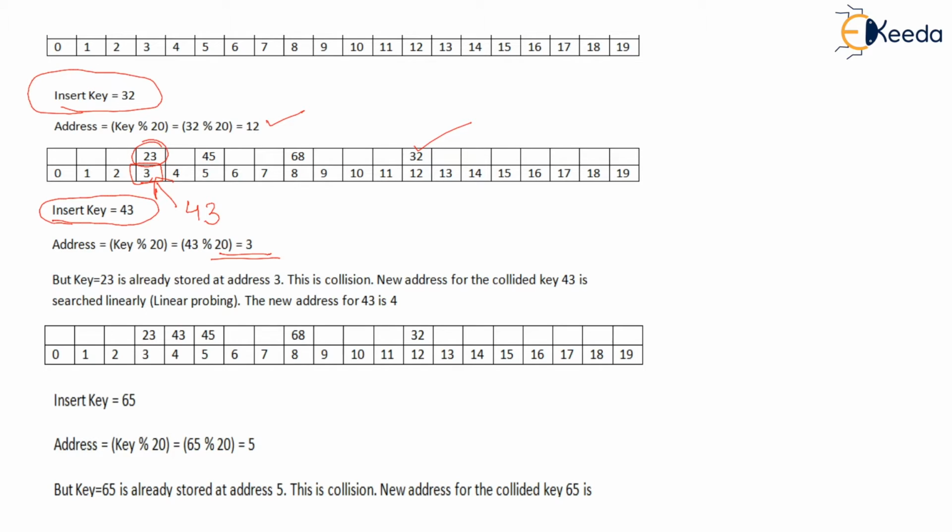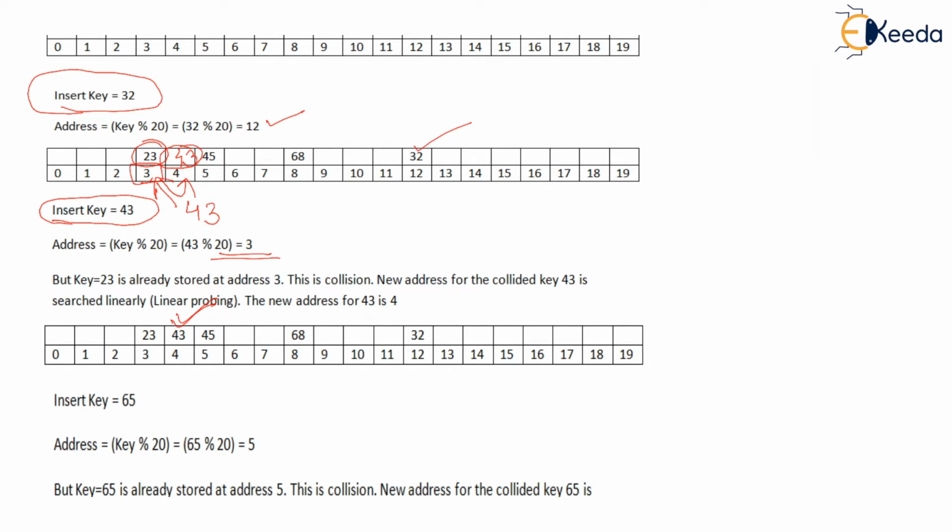Linear probing says from the basic address, just increase the address by 1 and check if the next address is vacant. It is vacant, so 43 is going to be stored at address 4. Hence, in the later diagram, we have shown 43 stored at the fourth address. So remember, till now we have got one collision.